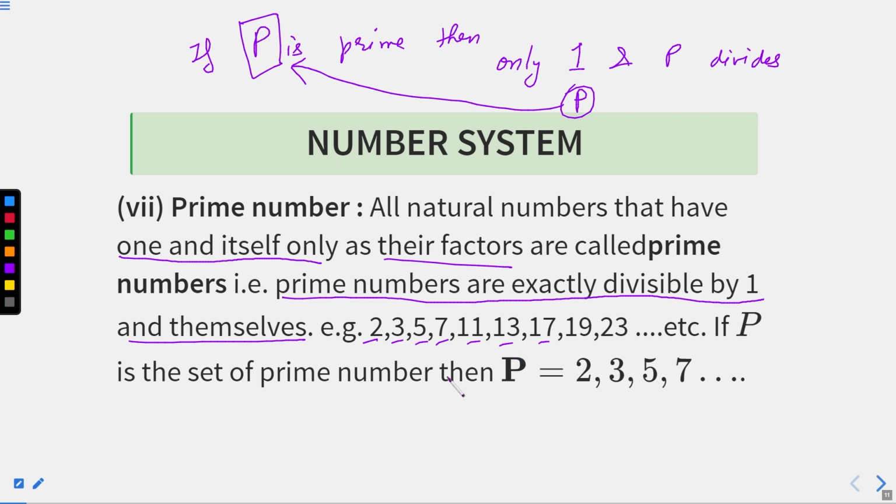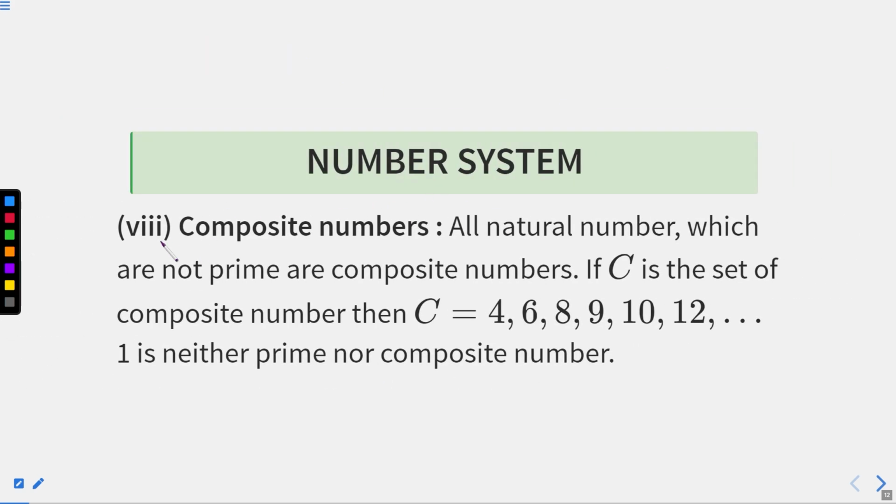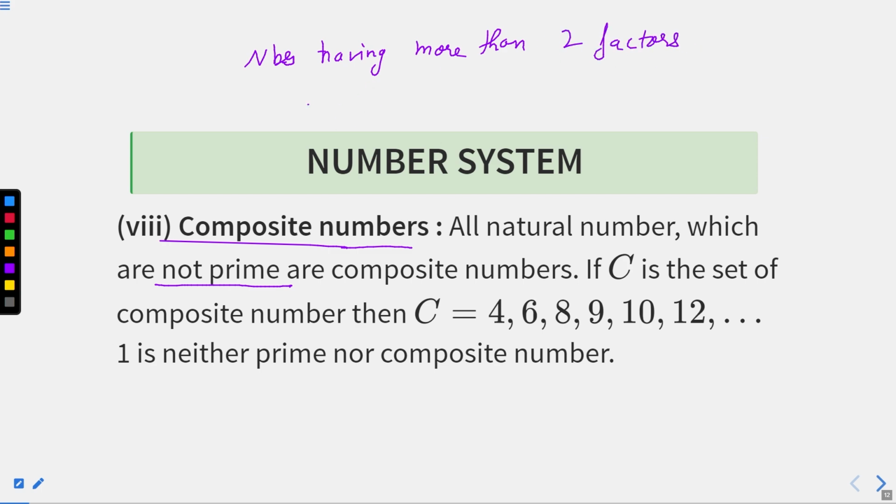Okay, let's move to composite numbers. Now, what are composite numbers? Composite numbers are those numbers which are not primes. That means the numbers having more than 2 factors. For example, 4 is composite, 6 is composite, and so on.